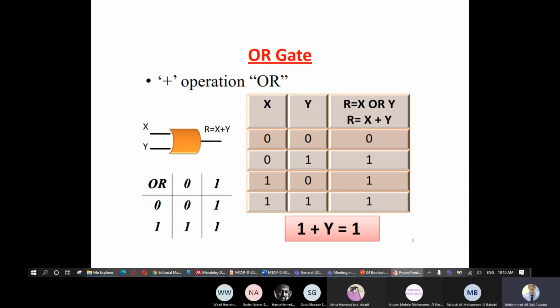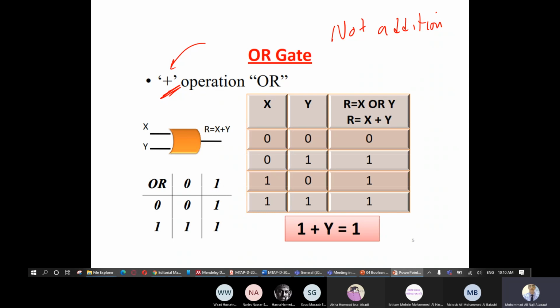We talked about the OR gate, and we said the OR gate is very much similar to the plus operation or addition, but it's not addition. Although I'm using the same symbol, it's not addition at all.